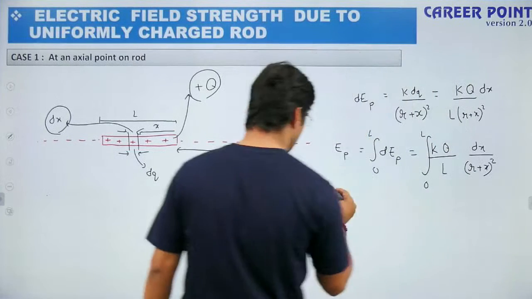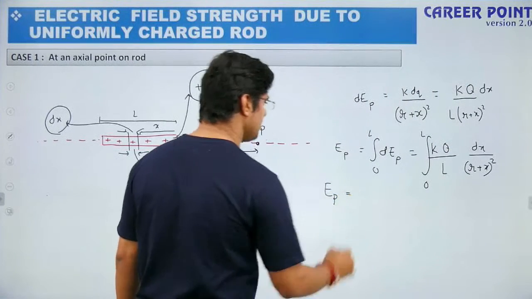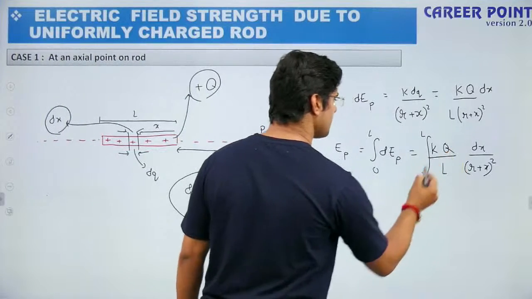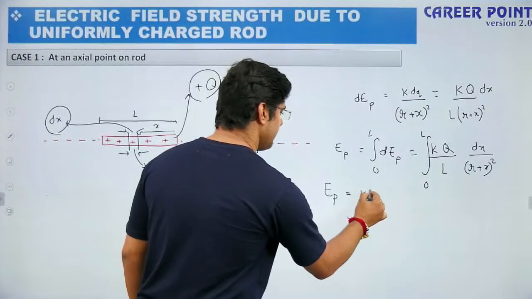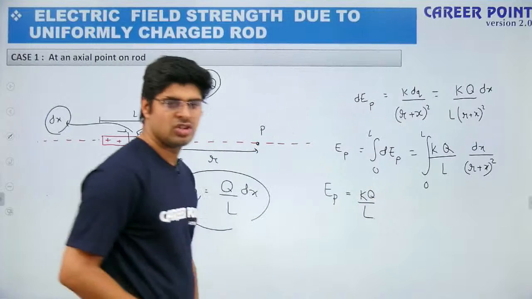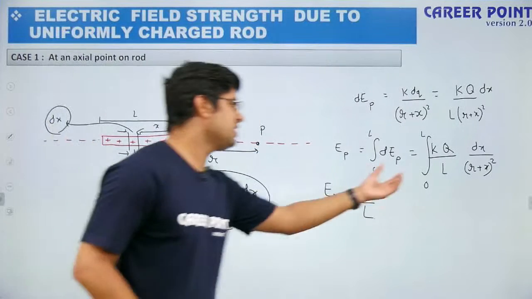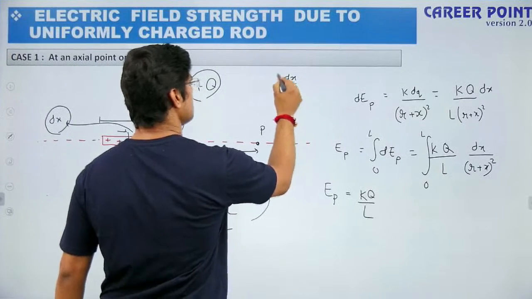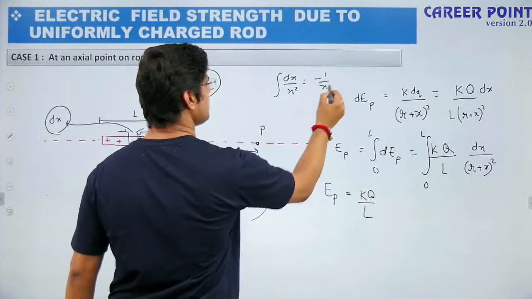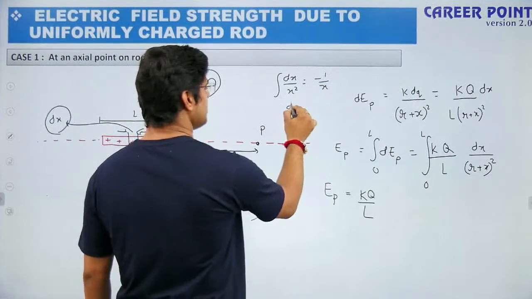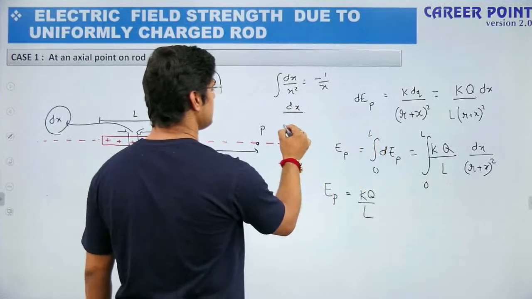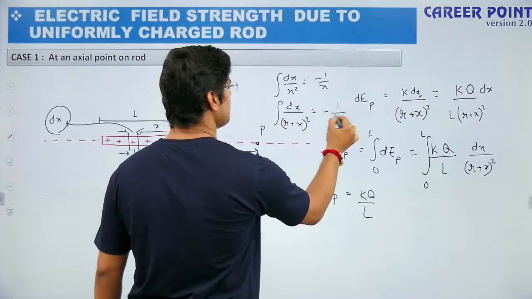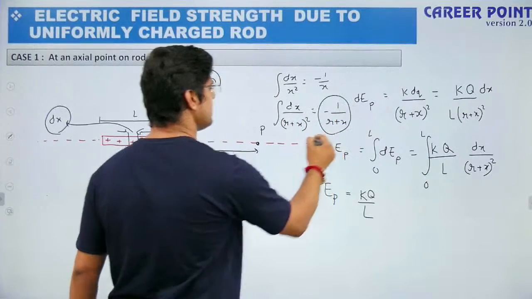So in this case we can say electric field at point P is equals to kq divided by L. Now tell me, do you know how to write value of integration of dx upon x square? It is minus 1 upon x, right? Similarly, since we are writing a linear expression only, dx upon (r plus x) whole square, the integration will be minus 1 upon (r plus x), nothing different.